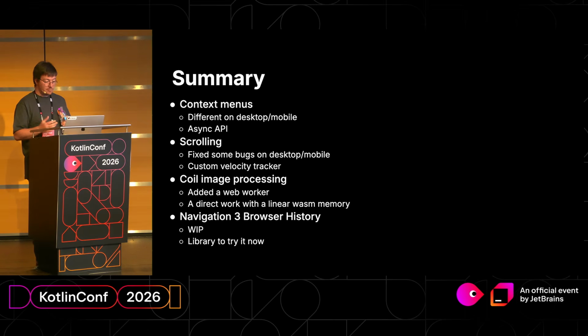To improve user expectations, I had to make a pull request to the Coil image processing library, and I added a web worker there, and of course, I made some black magic with direct access to the linear WASM memory. And for Navigation 3, what I can say is that it's work in progress, and there is a library you can try for now.